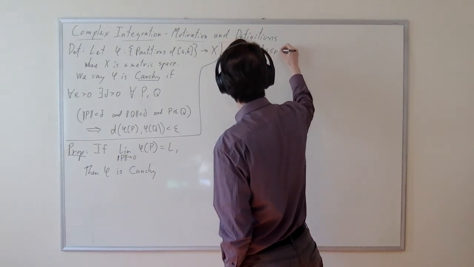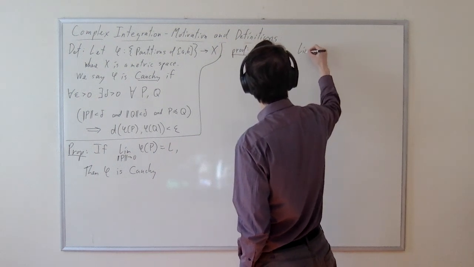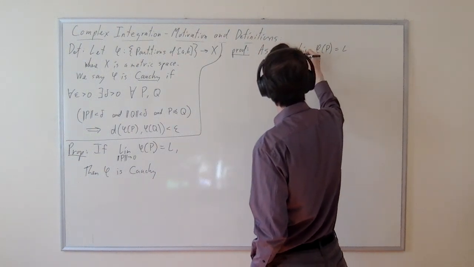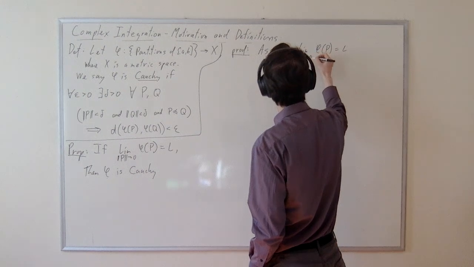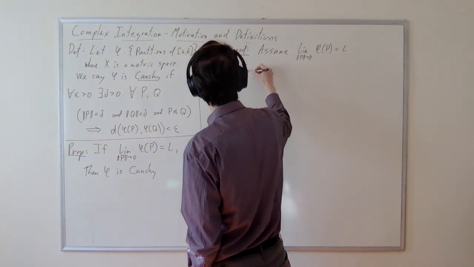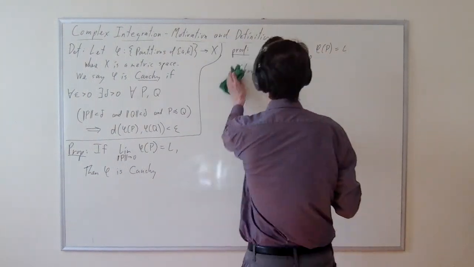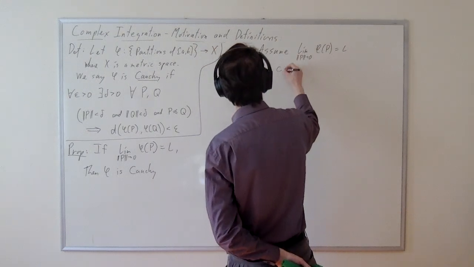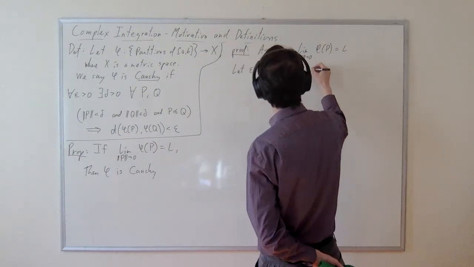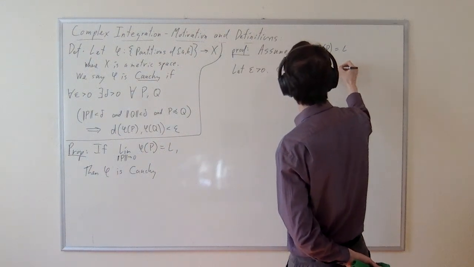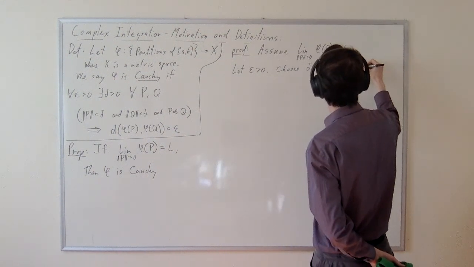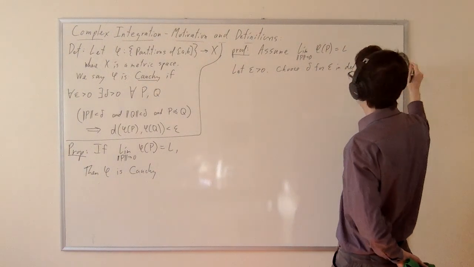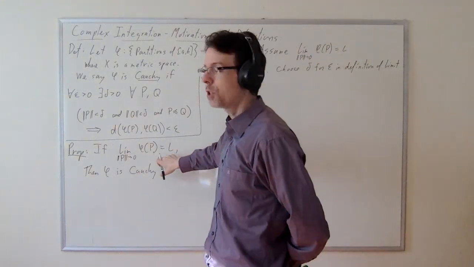Of course we'll assume that that limit exists. Let epsilon be greater than 0, and we'll choose a delta for epsilon in the definition of the limit. Not the definition of Cauchy, the definition of the limit.